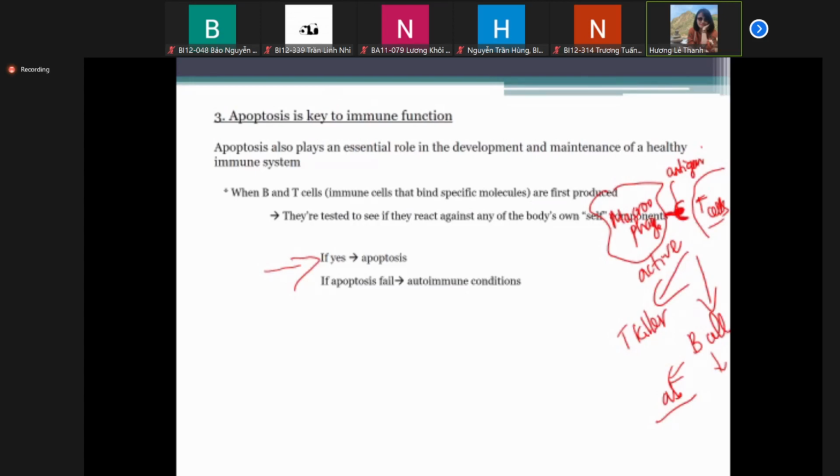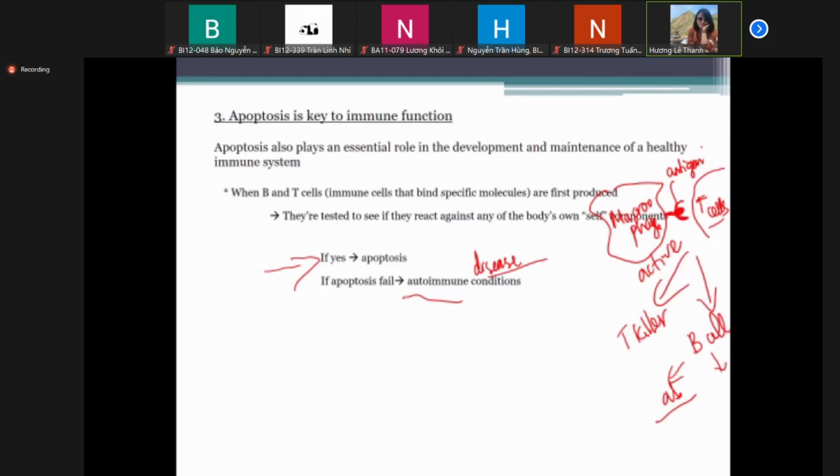Autoimmune conditions or autoimmune diseases are diseases in which our immune system attacks our bodies. Do you know any very famous ones? Lupus. Can you search for lupus or other autoimmune conditions?